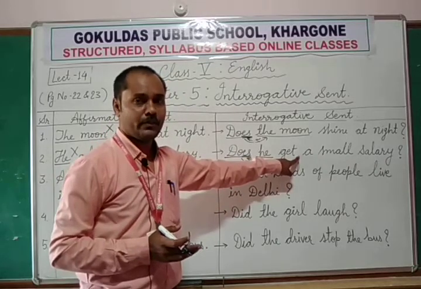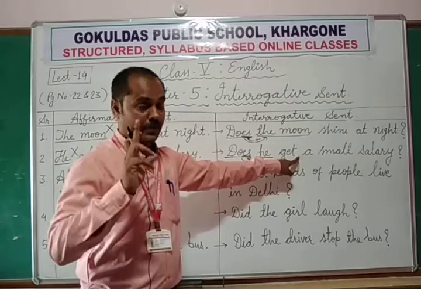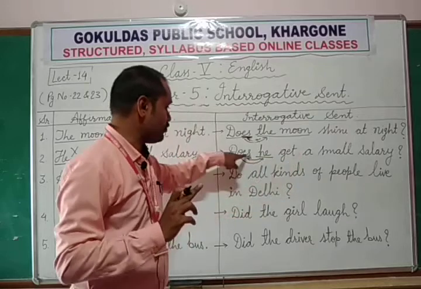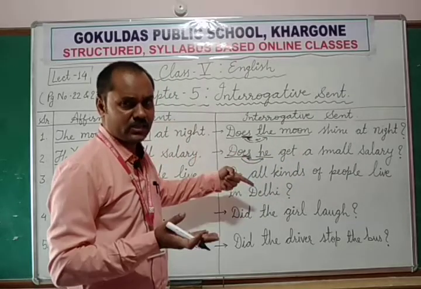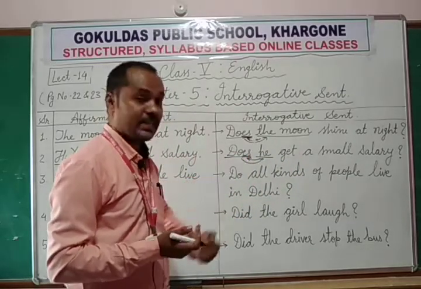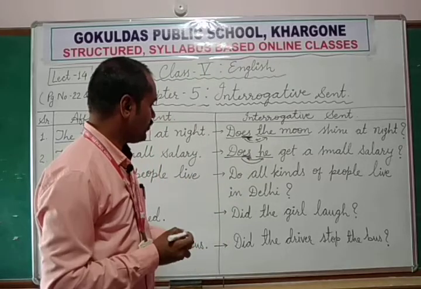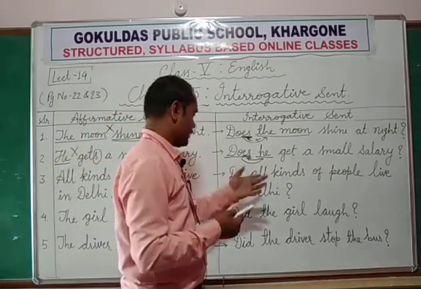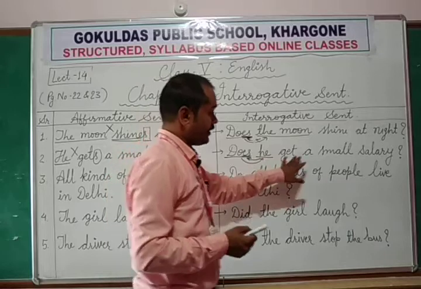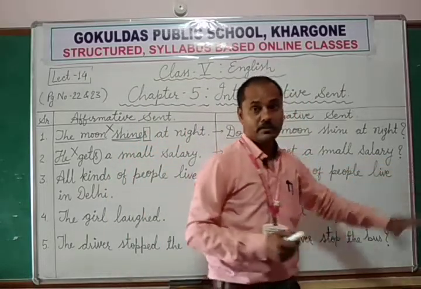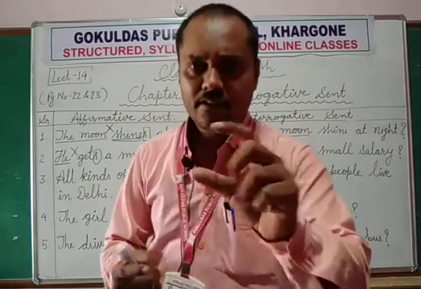Both places, we write only on one place. So this s goes to do and it becomes does. So already does has es, so no need to add es or s again. Does he get a small salary? Question mark. Does he get a small salary? Question mark.